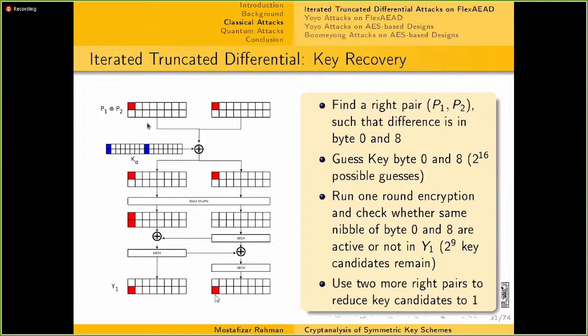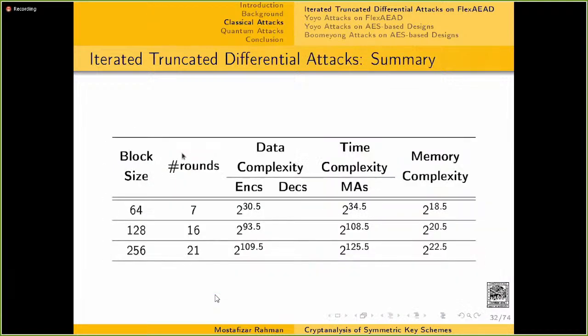We can use 2 more right pairs to remove all the wrong guesses and only get the right key guess, and then we'll repeat the process for all other 7 pairs of bytes, and in this way we can recover the whole K alpha. So these are the complexities of the key recovery attacks that have been reported in this work, and the practical ones have been experimentally verified.